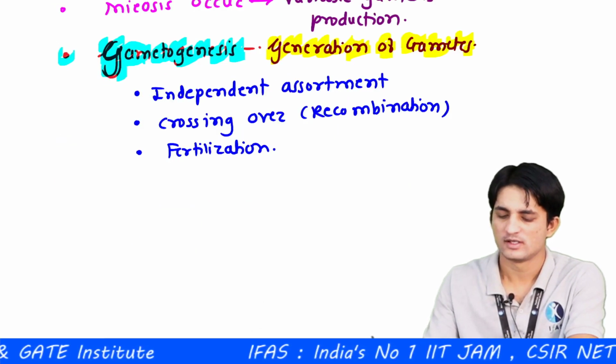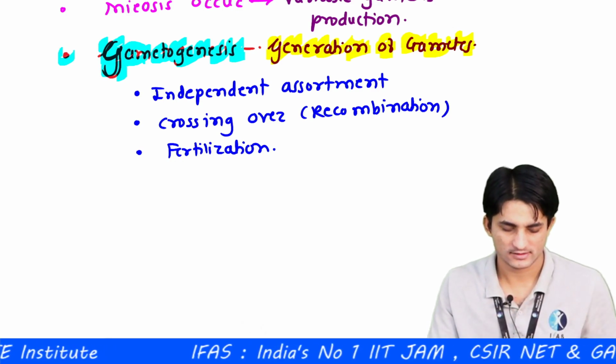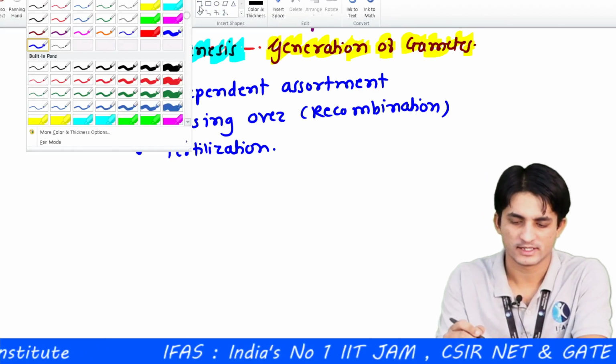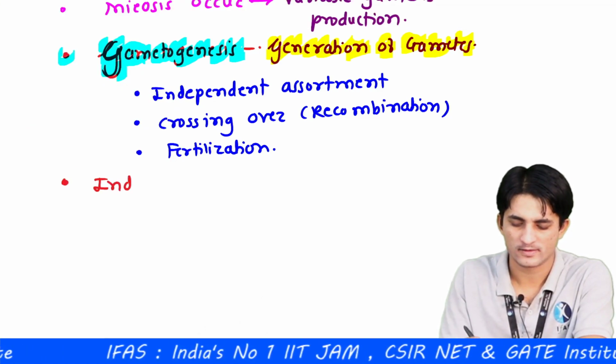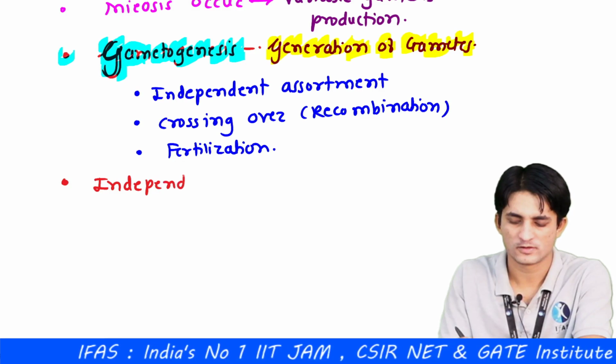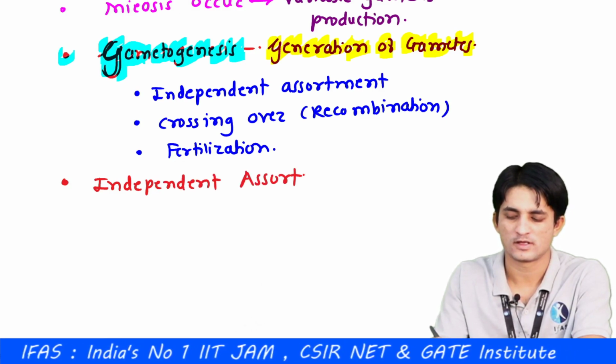Now in independent assortment, how is variation generated?